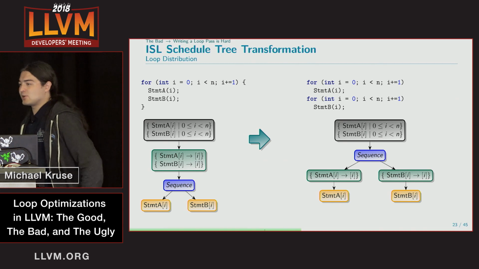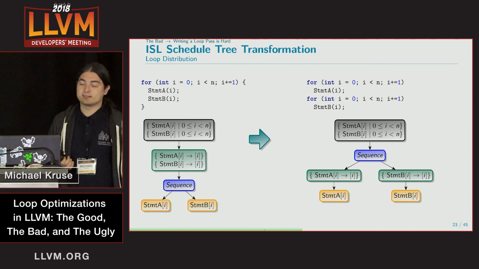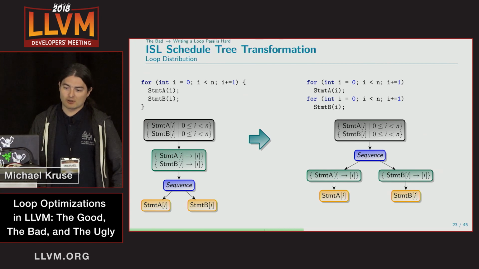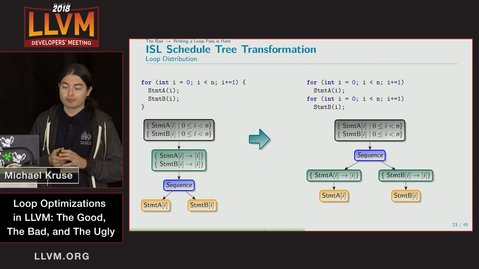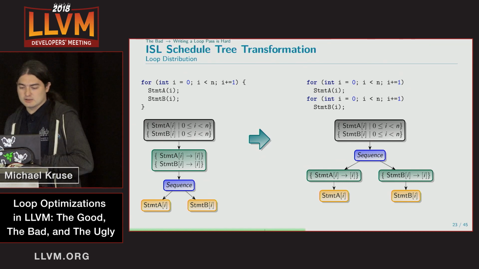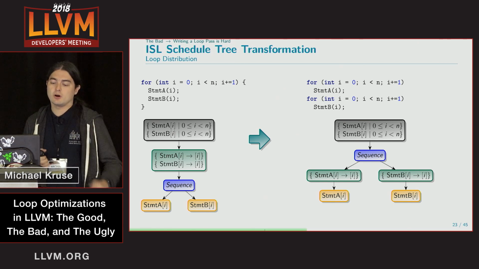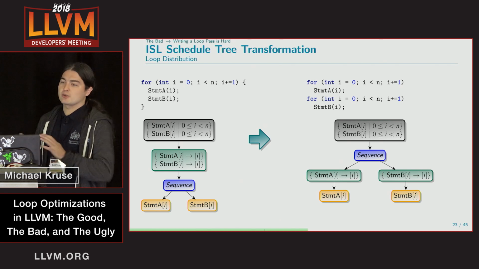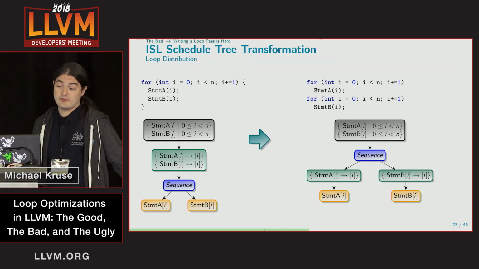To illustrate that this is not necessarily needed in all cases, here is what can be done in Polly. Polly uses so-called schedule trees, which are a hierarchical representation of loops. In this case, to do the loop distribution, it just has to switch the order of this so-called band and the sequence node. Then it generates the code from it in the code generation pass, and you have effectively implemented your loop distribution.